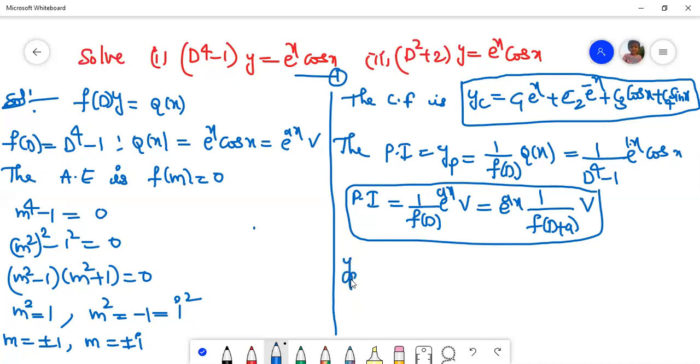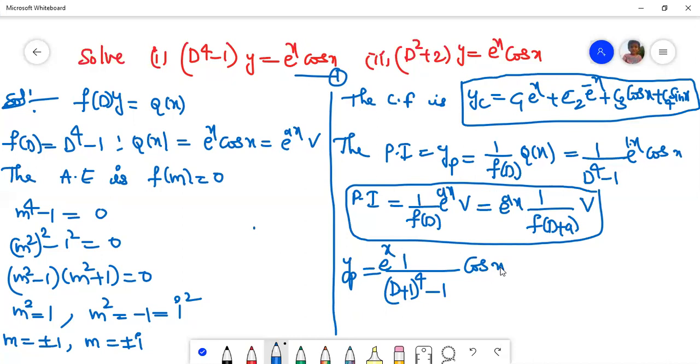So yp is equal to 1 by (D plus 1) whole power 4 minus 1, with e power x on the left side, that is, the exponential part is taken out, into cos x.